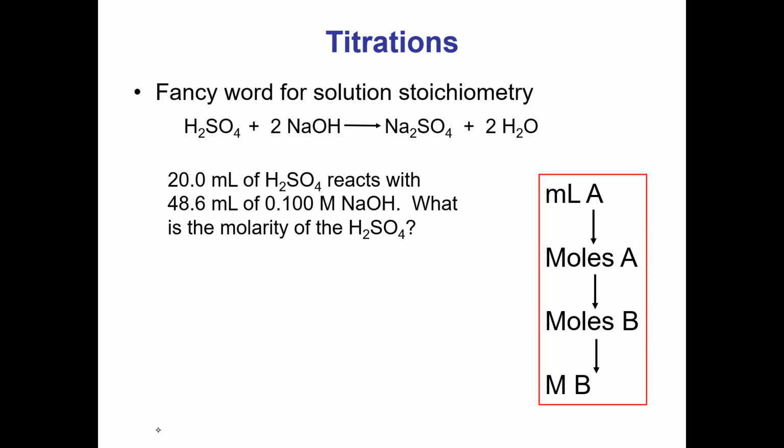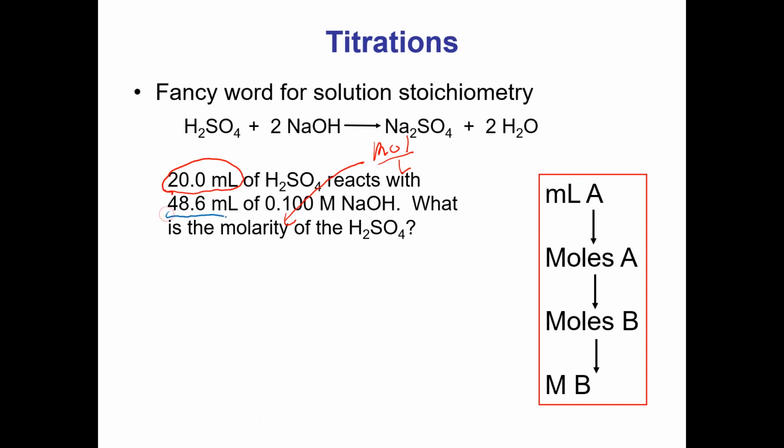So molarity, if you think back to when we defined molarity, molarity is moles per liter. And we're already given the milliliters of sulfuric acid, which we can convert to liters. So what we need is moles of sulfuric acid in order to be able to plug this in. So the way that we do this is you always start with the one that you know everything about.